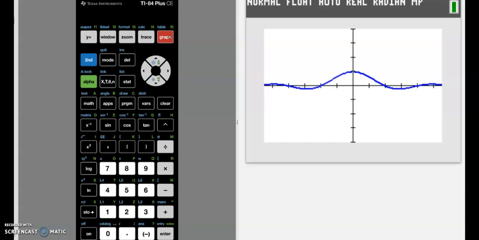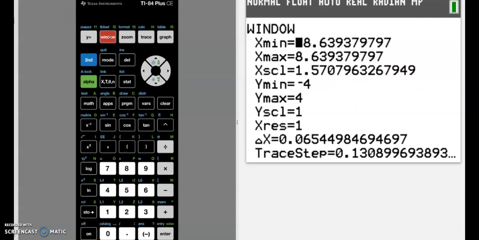So this graph is pretty neat, but we wanted to see out to infinity. Because my x min is -8 and max is 8, let's make that a little bigger.